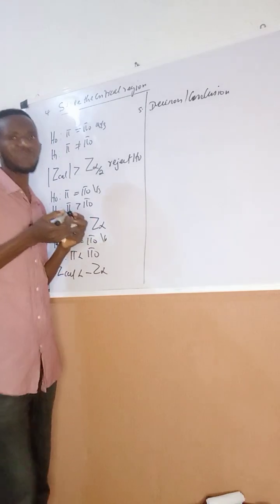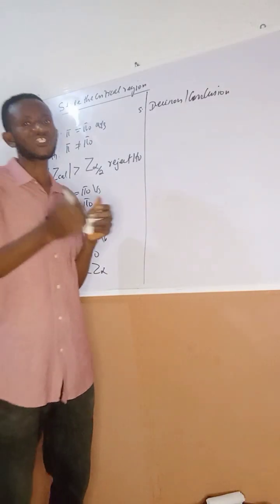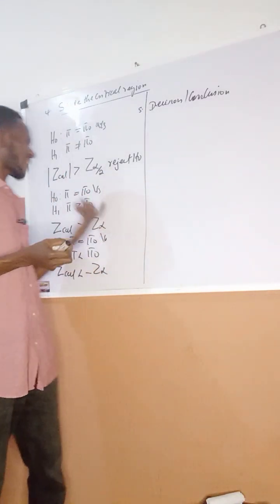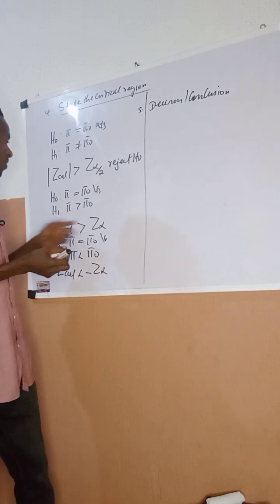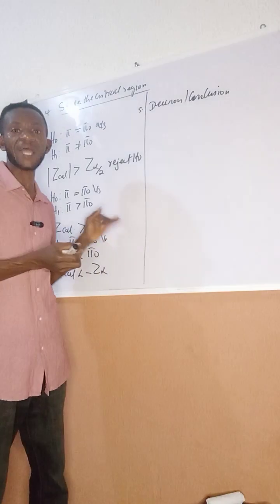And what we call making a decision or conclusion is having computed the value of the test statistic and comparing it with the tabulated value.